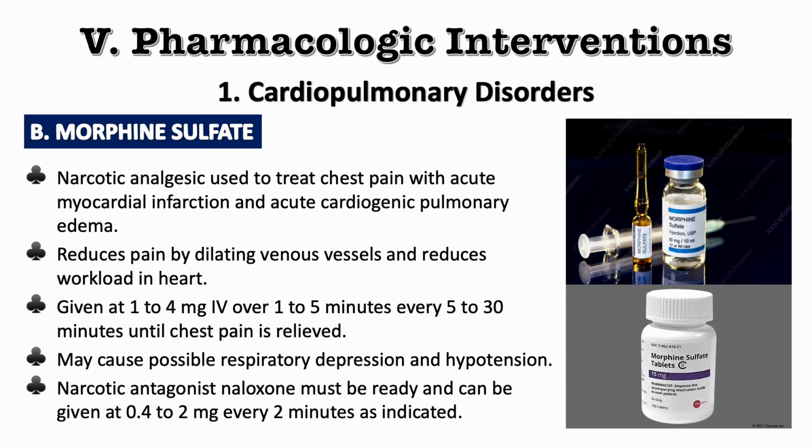In the photo, we see the above ampule and vial of a morphine injection could be given sub-Q, IM, or slow IV push. But in emergency situations, life-threatening conditions, for example, IV is the best route. The lower photo is an oral morphine.